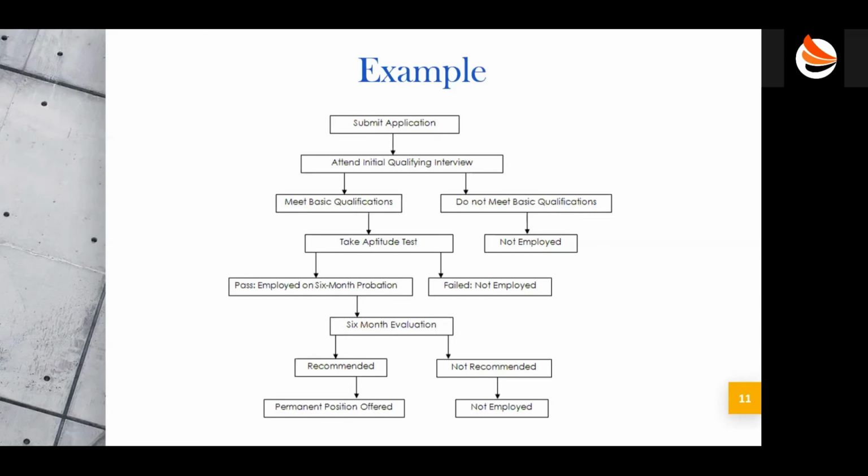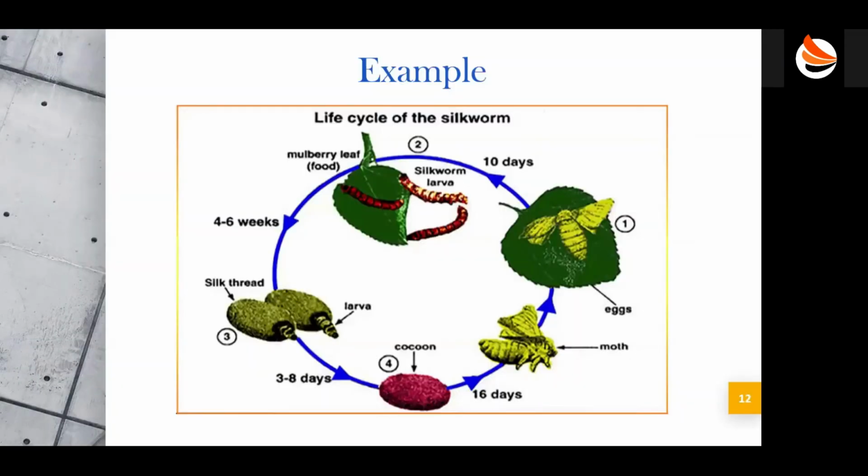So this is an example of an order question. Then we have a cycle question. So this is telling us about the life cycle of a silkworm, telling you what happens in each of the stages of the life of a silkworm. So these are examples of the three questions: process, order, and cycle.